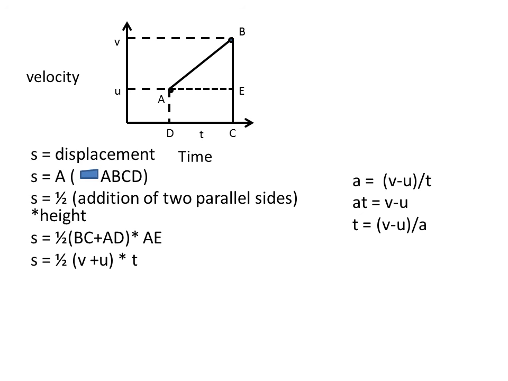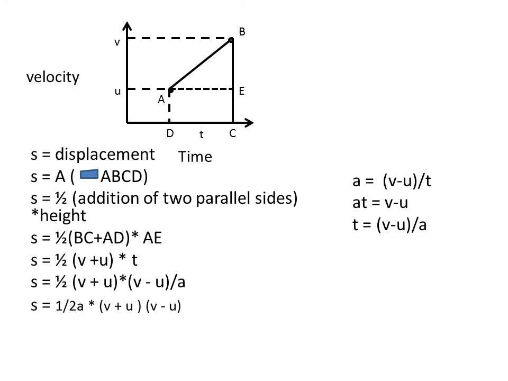Acceleration is nothing but v minus u upon t, and if you rearrange the terms, that means let us take t to the left hand side, that means at is equal to v minus u, and then you will get t is equal to v minus u upon a. So this value of t we will substitute here. Let us put this value of t as v minus u upon a in place of this t.